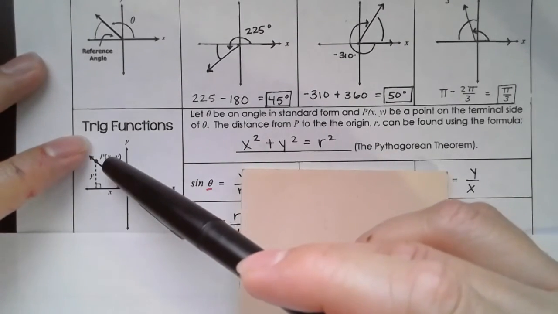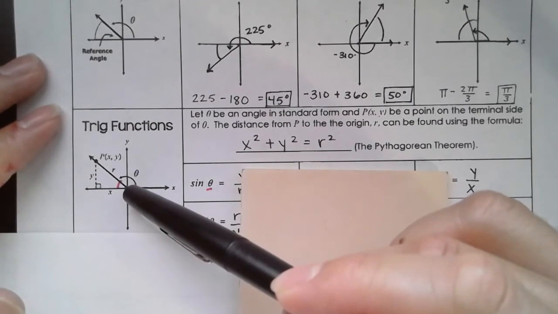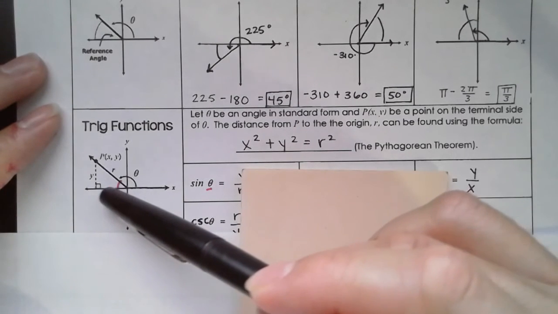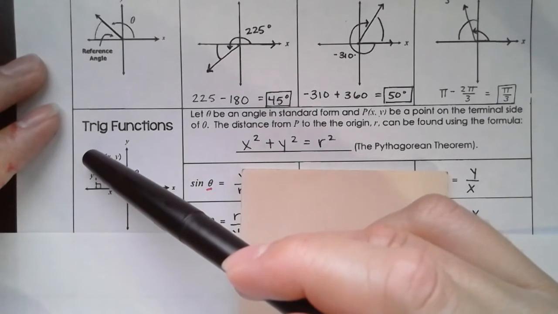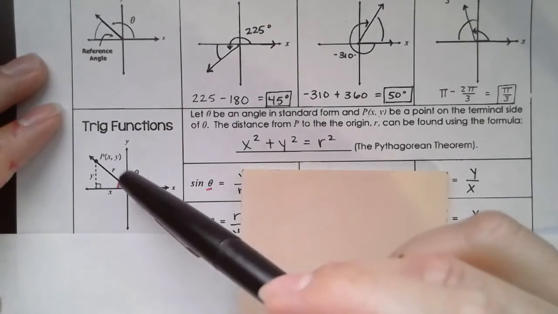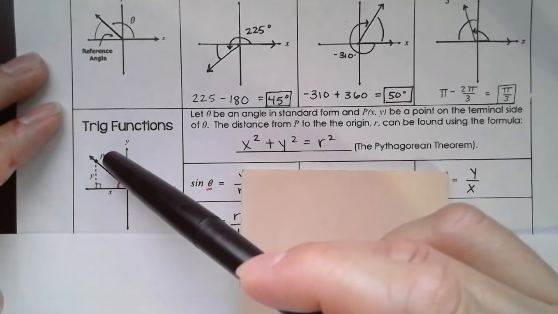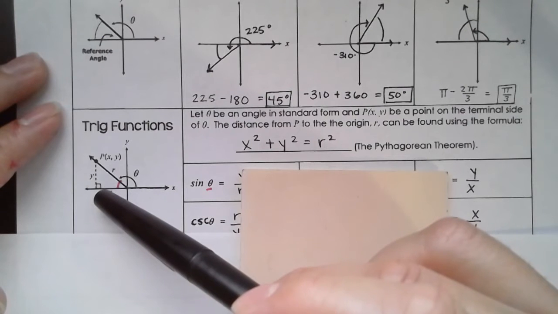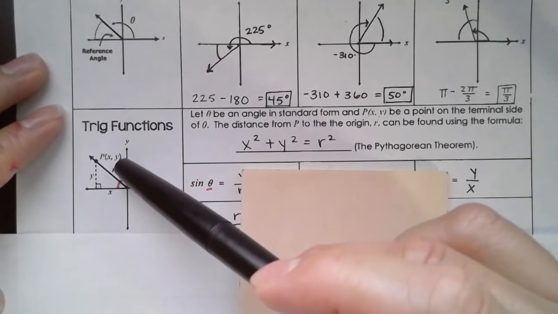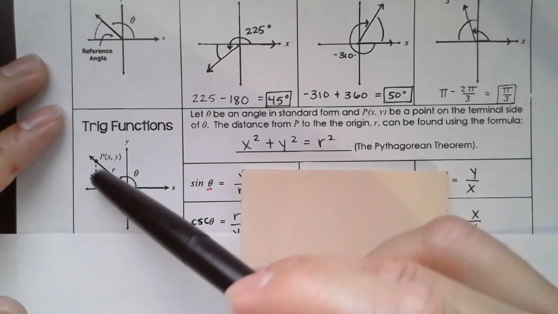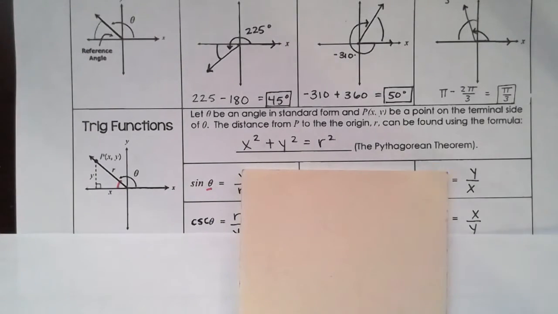If P is x comma y, to find point P, it's a horizontal shift from the origin, and then a vertical shift from there, and that lands you on P. So the right triangle that gets formed to P has x as the horizontal shift, and y as the vertical shift. So x squared plus y squared is equal to r squared. You have a right triangle, so it is the Pythagorean theorem.